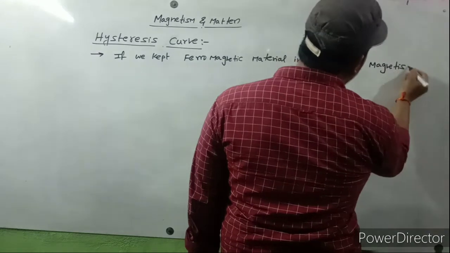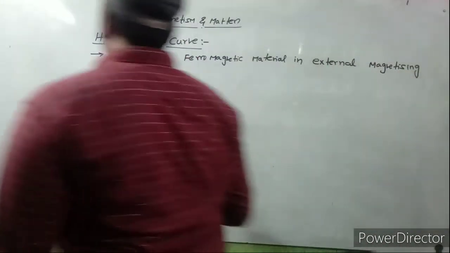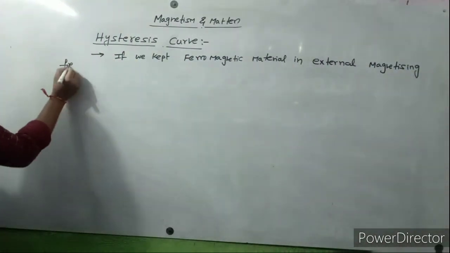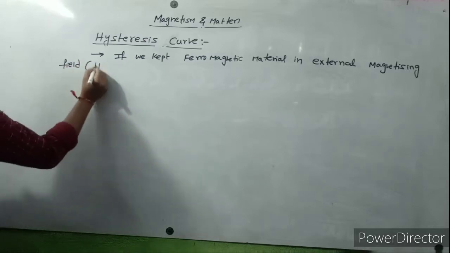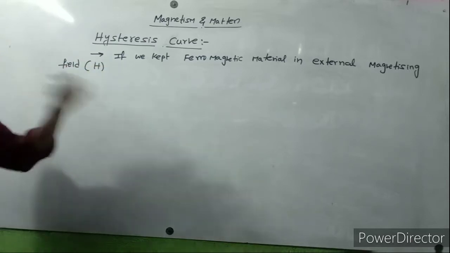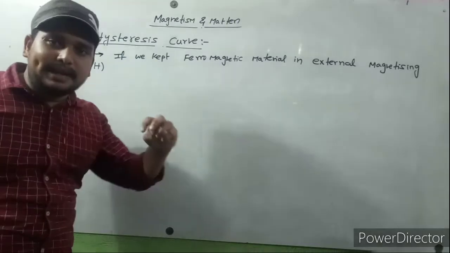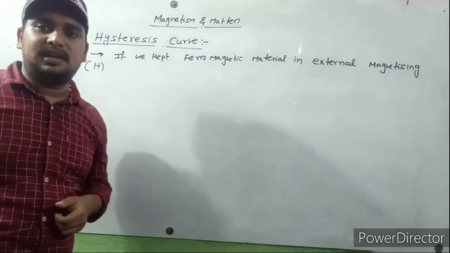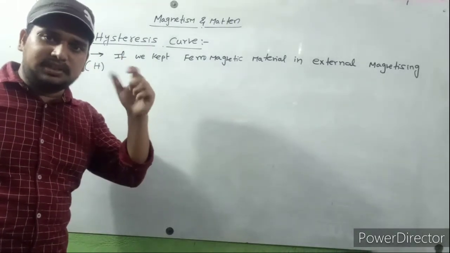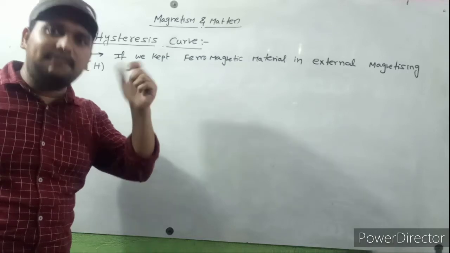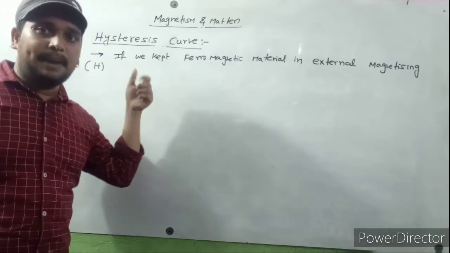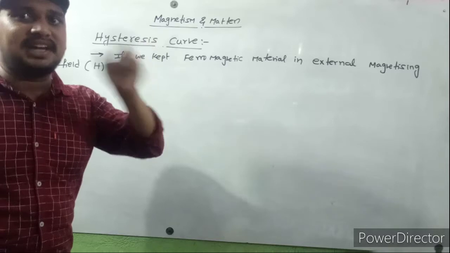The magnetizing field is indicated with H. Magnetization is indicated with I. So please observe the difference: magnetizing field is H, magnetization is I.